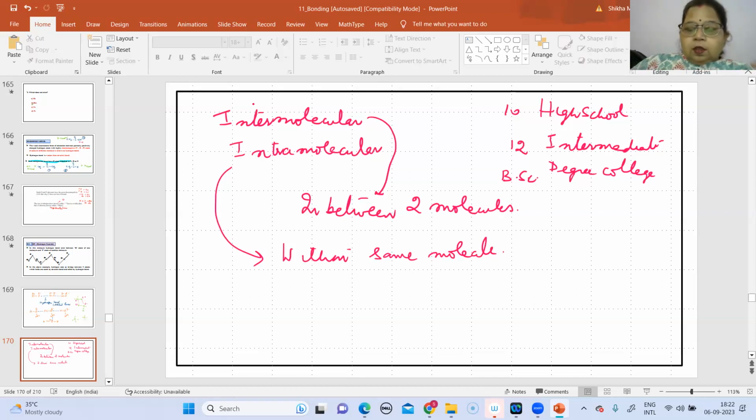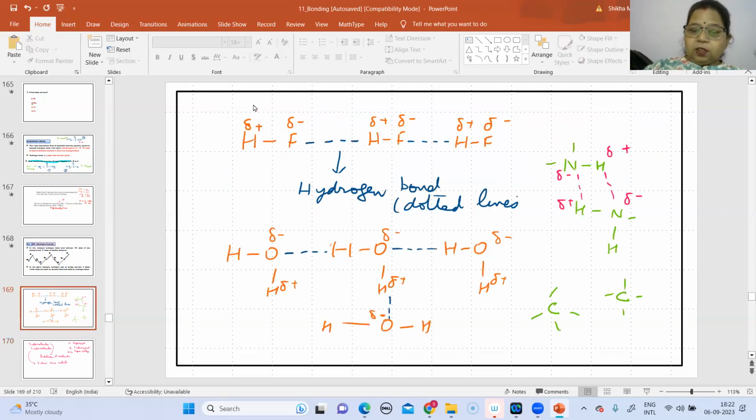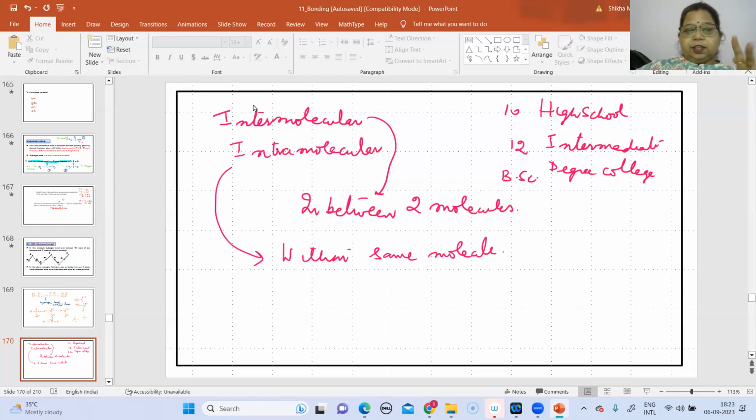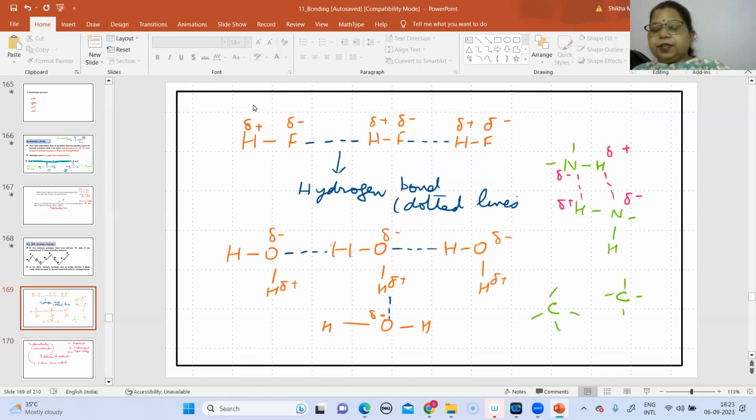So hydrogen bonding is of two types, intermolecular hydrogen bonding and intramolecular hydrogen bonding. Inter means between two, intra means within the same. Can you classify these three examples as intermolecular or intramolecular?